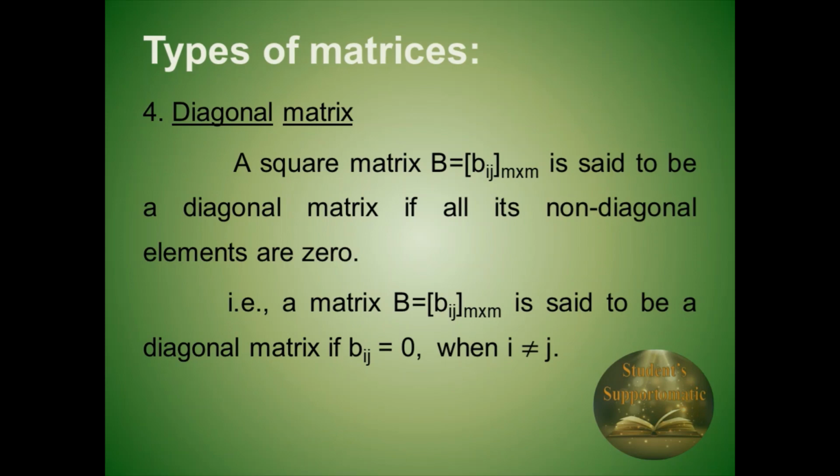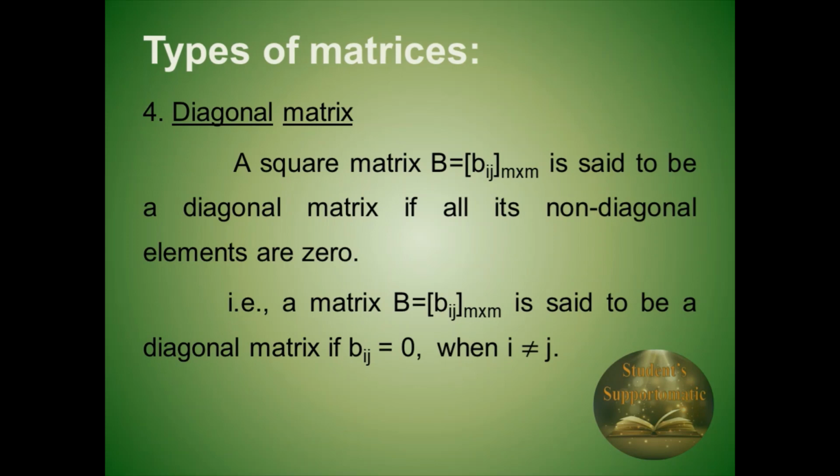In general, a matrix B is equal to bij, m by m, must be a square matrix, then only we can find the diagonal elements. B is said to be a diagonal matrix if bij is equal to 0 when i is not equal to j.